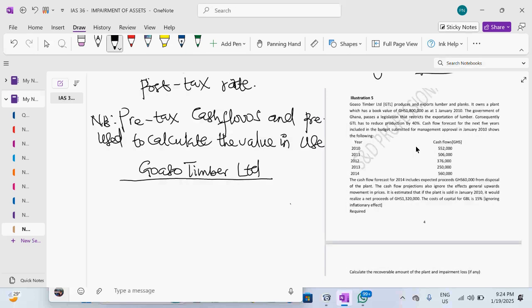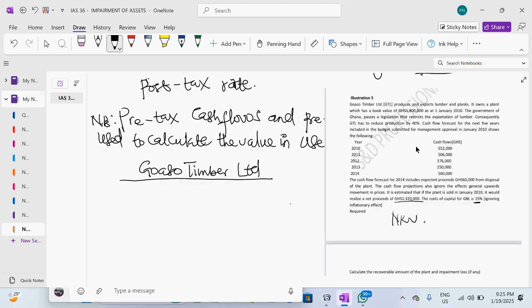The cash flow forecast for 2014 includes expected proceeds of 60,000 from disposal of the plant. The cash flow projections ignore the effects of general upward movement in prices. It is estimated that if the plant is sold in January 2010, it will realize net proceeds. So that is the net realizable value.